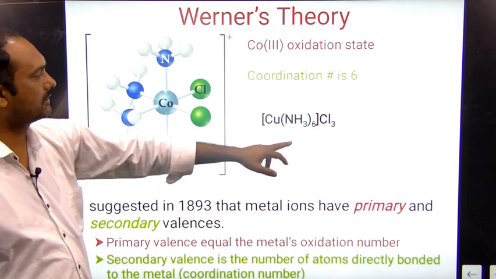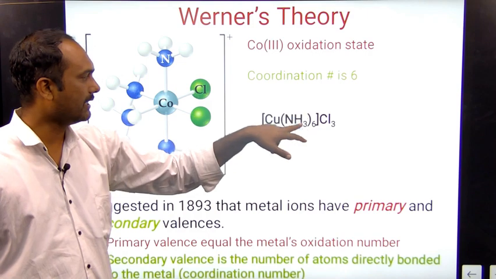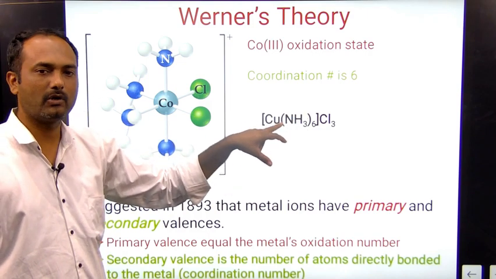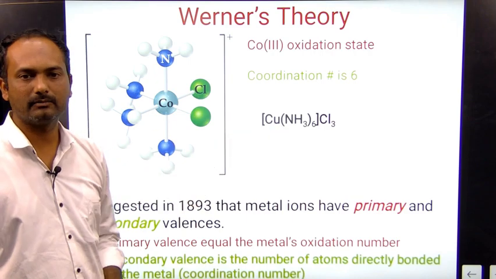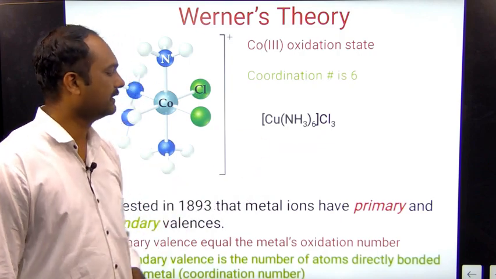Okay, so this Cl3 is primary valency, which is outside the square bracket, and the 6 amine groups which are directly coordinated or bonded with the central metal atom copper will be termed as secondary valency.